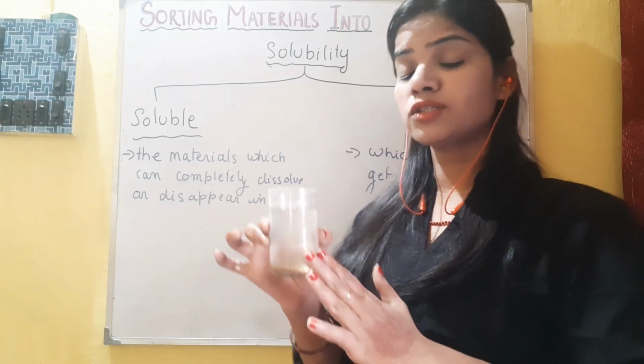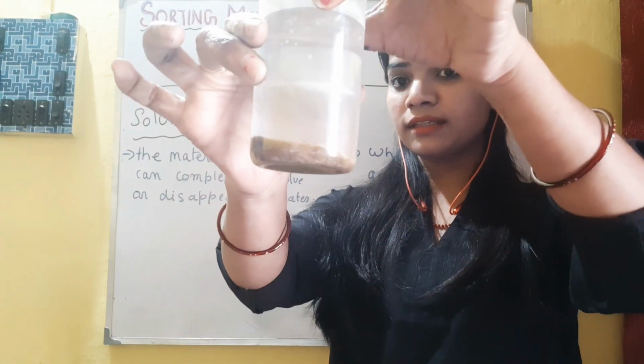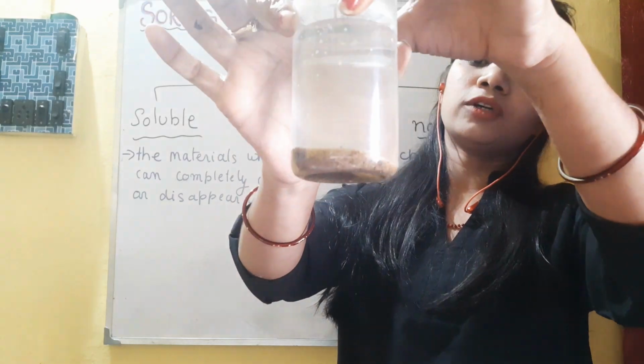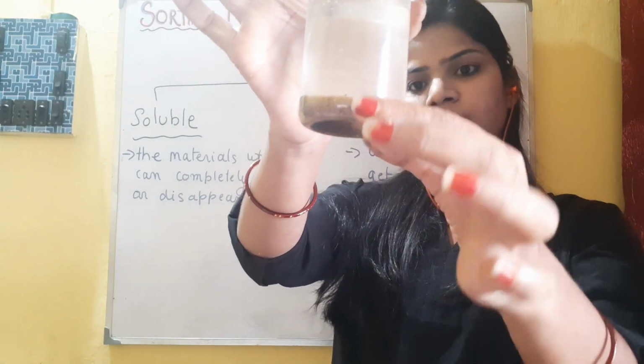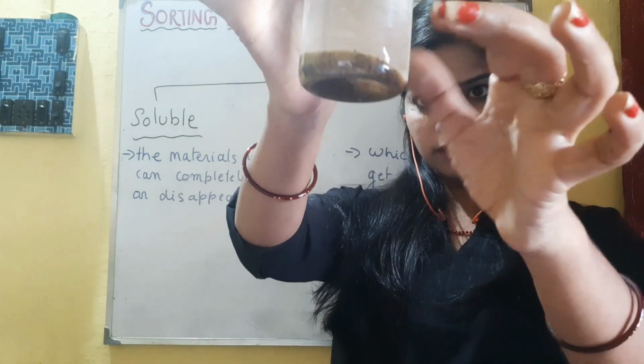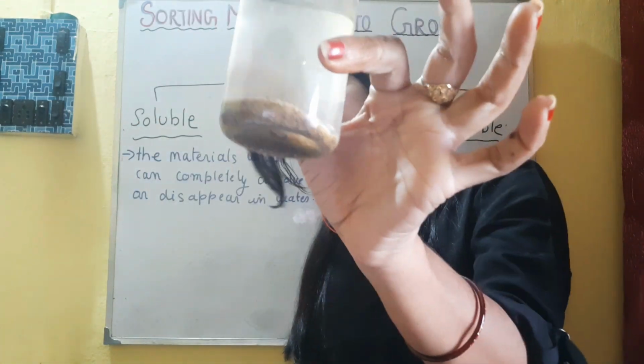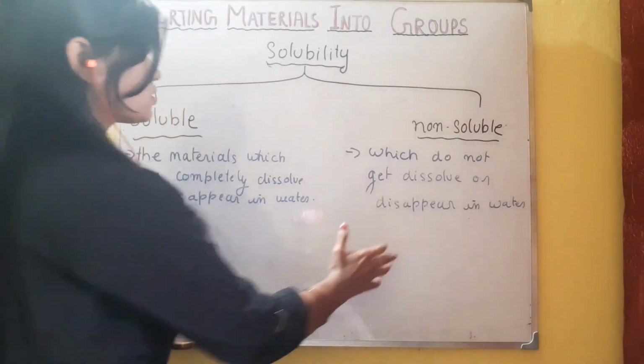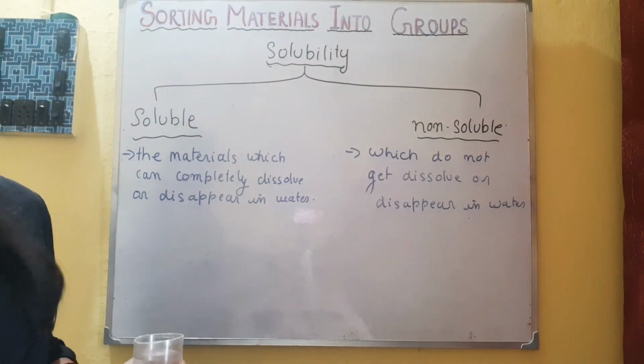Sand is insoluble because, as you can see, it doesn't dissolve or disappear completely in water. We can see it settle down at the bottom of the glass. Can you? Okay, this is the example of insoluble or non-soluble.